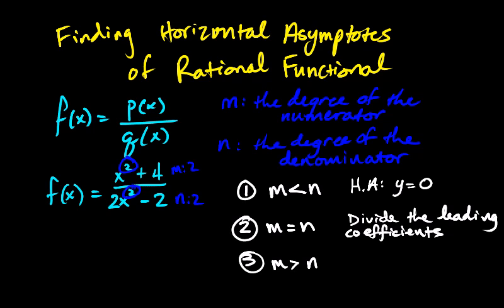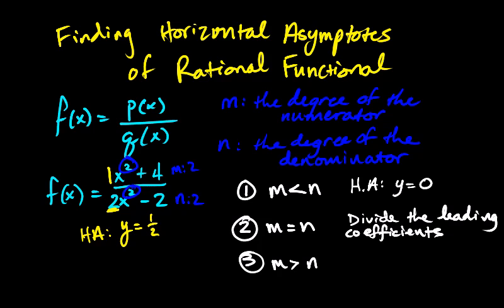If you look at the leading coefficients, that's the numbers in front of the terms with the degree. So 1 and 2 are leading coefficients, so we divide those. So the horizontal asymptote would be y equals 1 over 2, which is 1/2. So the graph would approach 1/2 but not cross it.